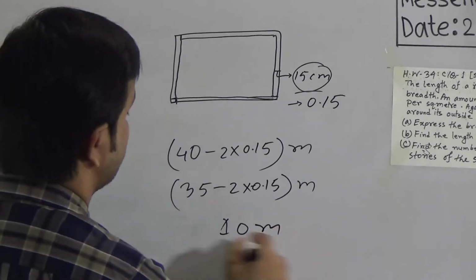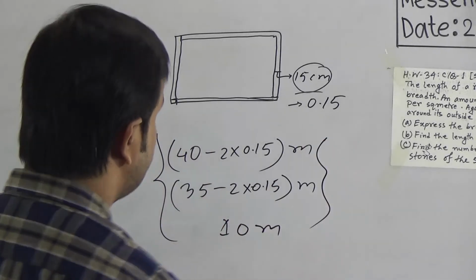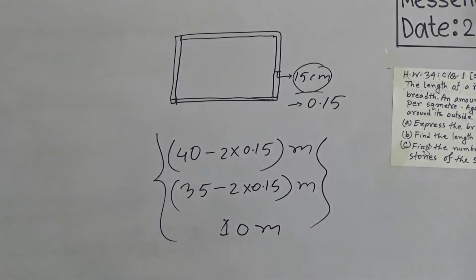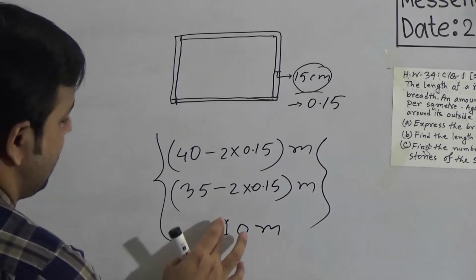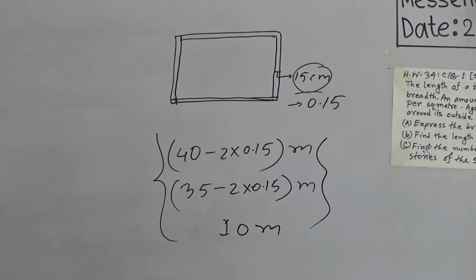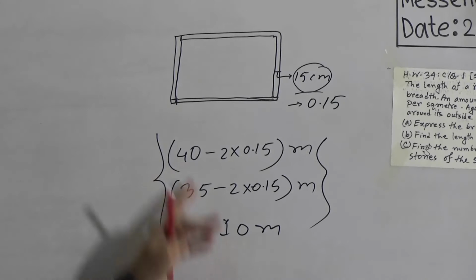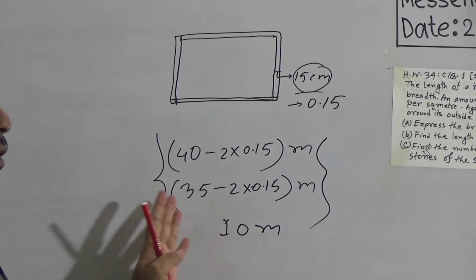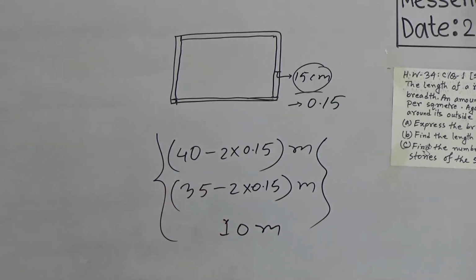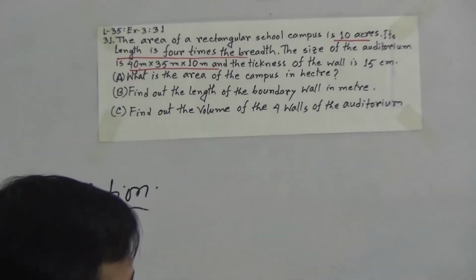This is the measurement of the inner side of the wall. It means the measurement of the length, breadth and the height of the space of the auditorium. So, excluding the wall, the volume should be the product of these 3, and including the wall, the volume is given here, the product of 40 meter, 35 meter and 10 meter.